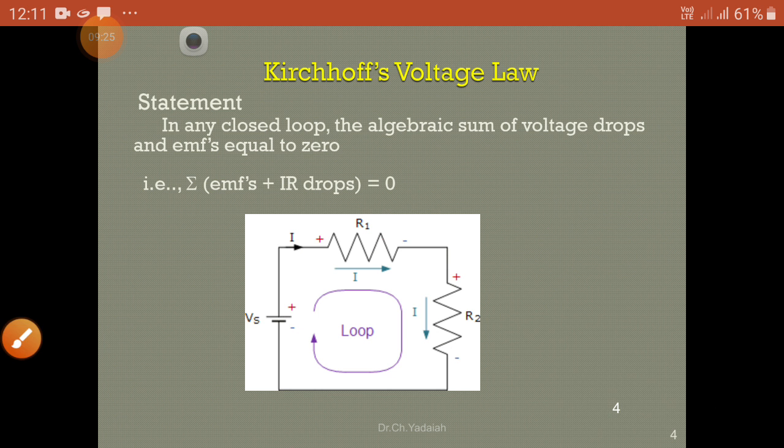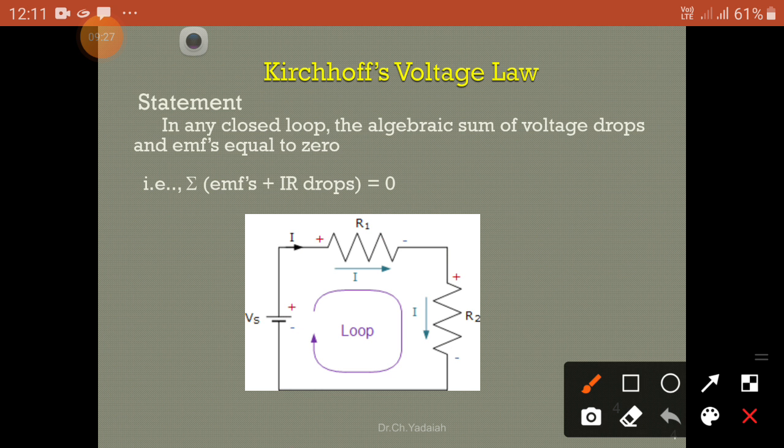Here is a similar assumption. Whatever the source Vs, here there is only one EMF source, an active source. Now the current I is flowing through R1, this is one drop, and the same current I through R2, another drop.